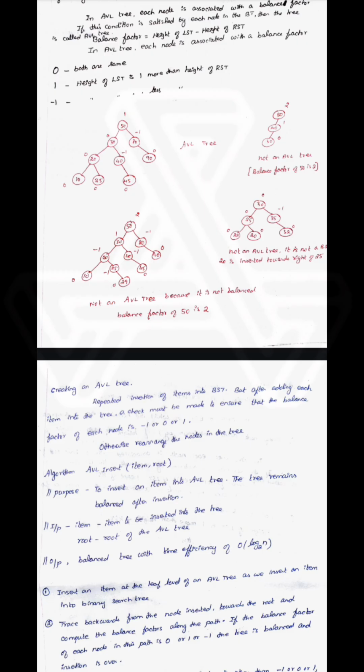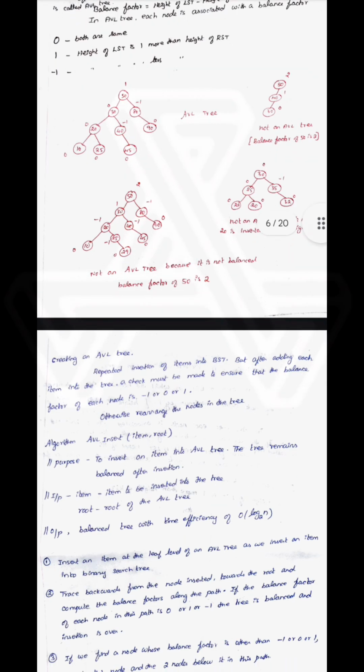Then 1 means the height of LST is 1 more than the height of RST. Minus 1 means the height of LST is 1 less than the height of RST. Here is an example of an AVL tree. You can find the difference in their heights.